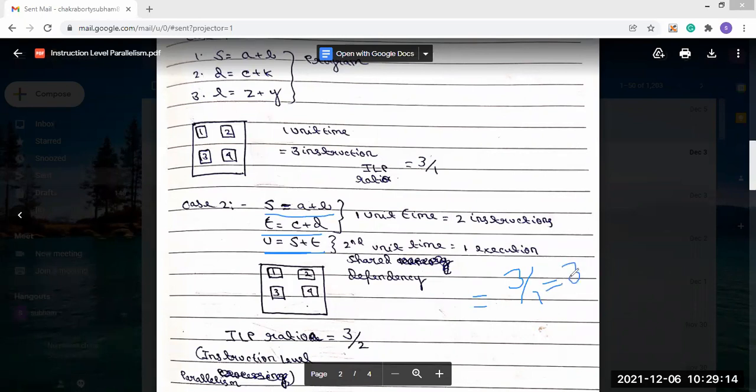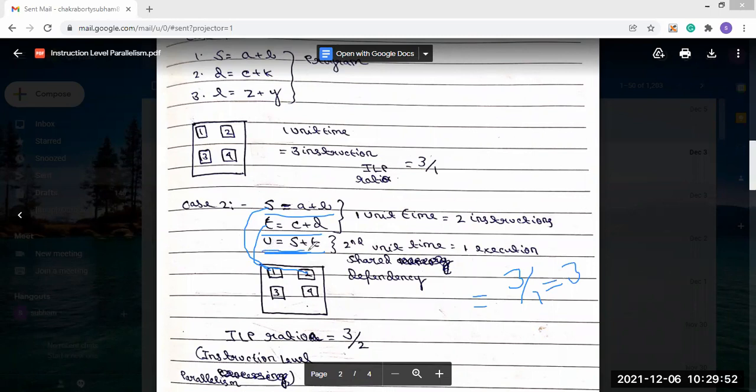But that is not the case. What will be the ILP ratio? Because a problem arises, and we call this the data dependency problem. Why does this problem arise? s equal to a plus b: the first instruction will be executed by the first processor, no problem. t equal to c plus d: the second instruction will be executed by the second processor, no problem.